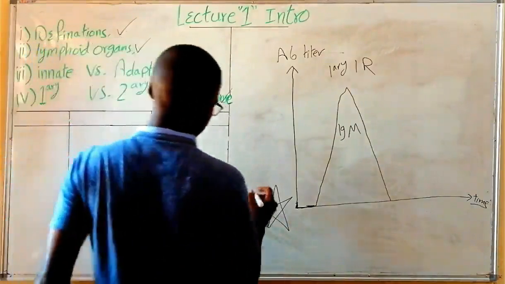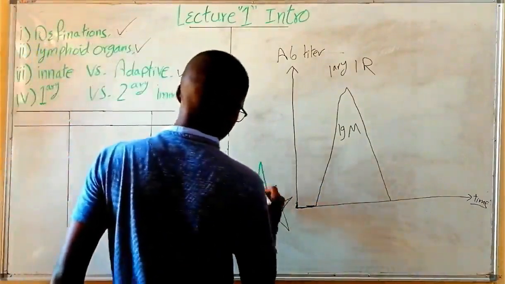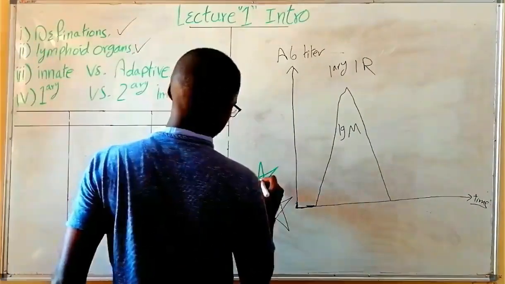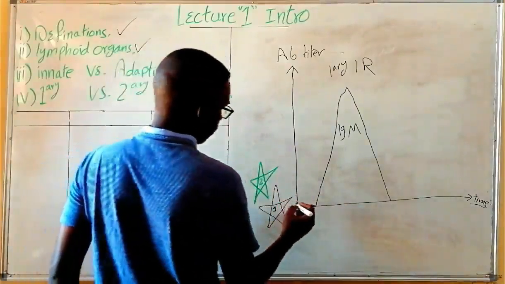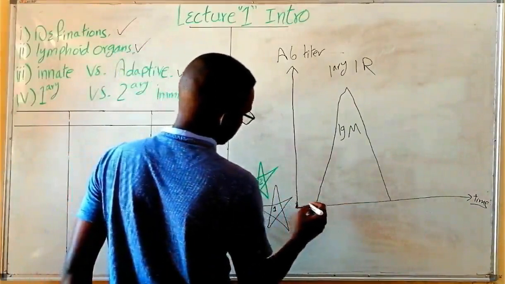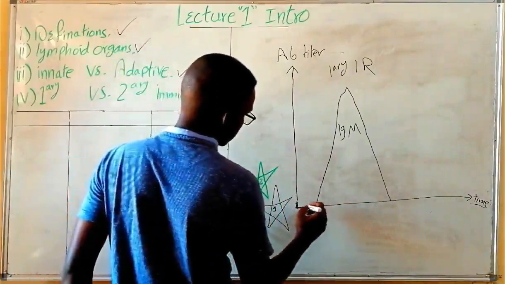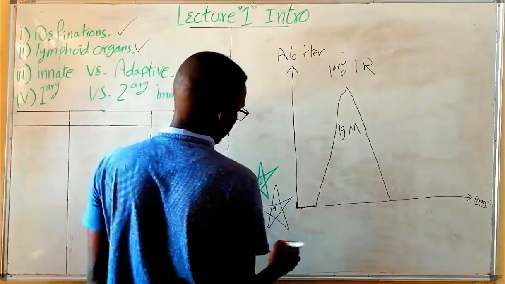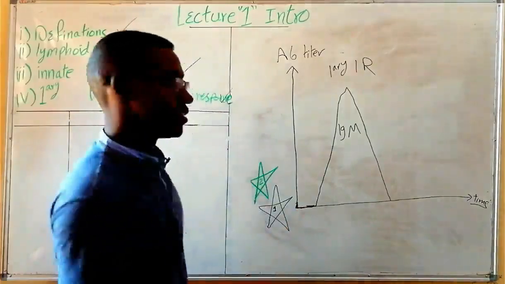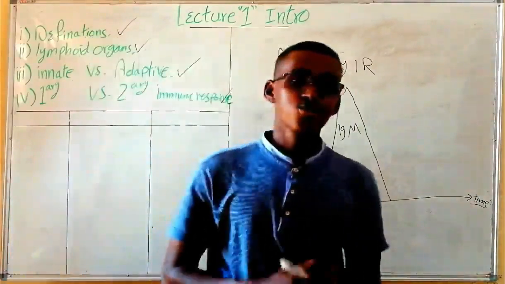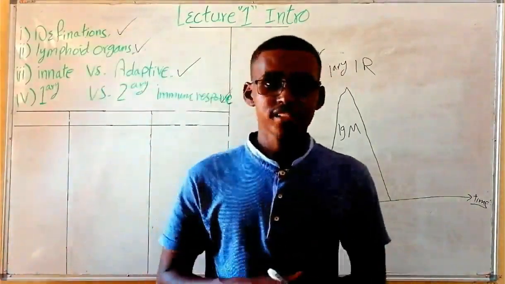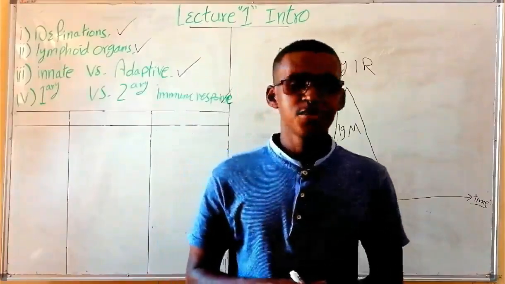What about if it's the second time? The same infectious agent, but it's the second time. So it's not going to be the same period. It starts quickly. Why? Why do you think? Good job. Although we are thousands of miles away from each other, I can hear you very well.